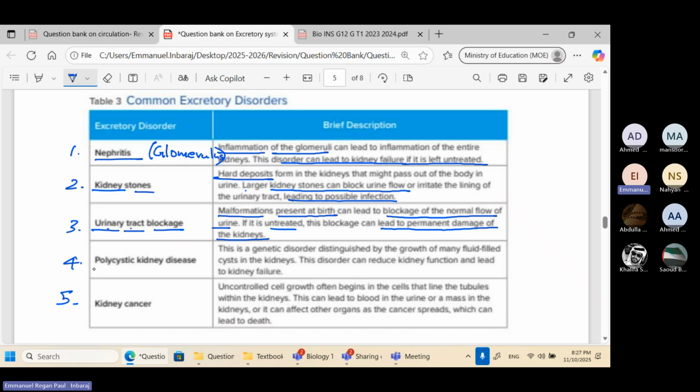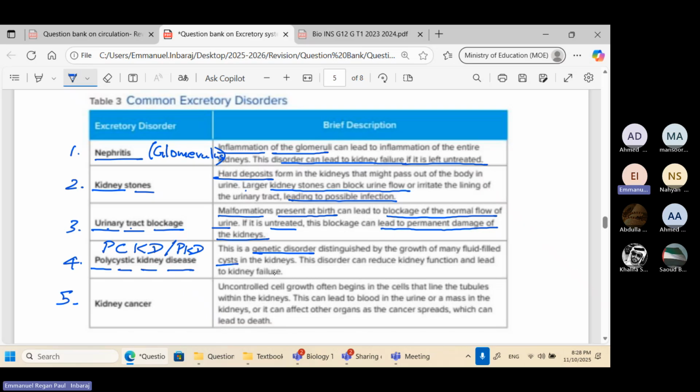Number four, polycystic kidney disease. It is called PCKD, polycystic kidney disease, or they can even call it PKD. This is a genetic disorder. They contain cysts in the kidney.